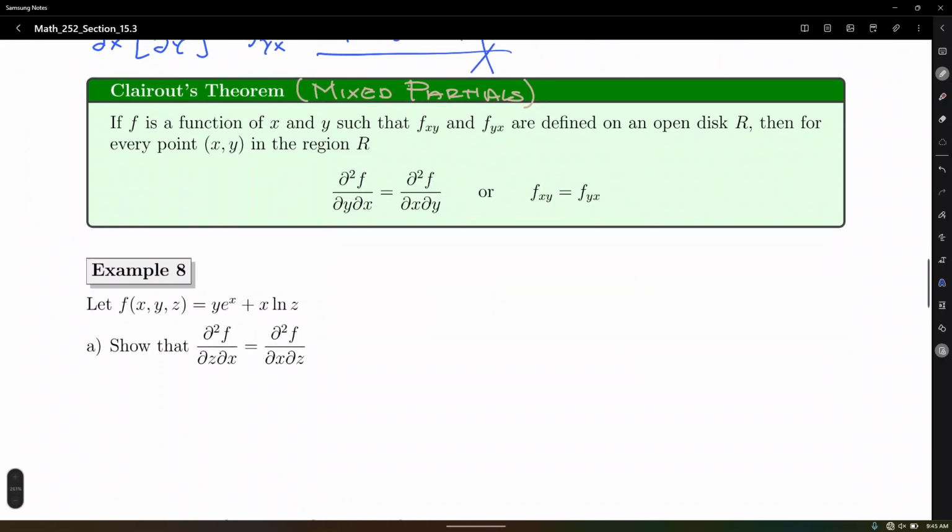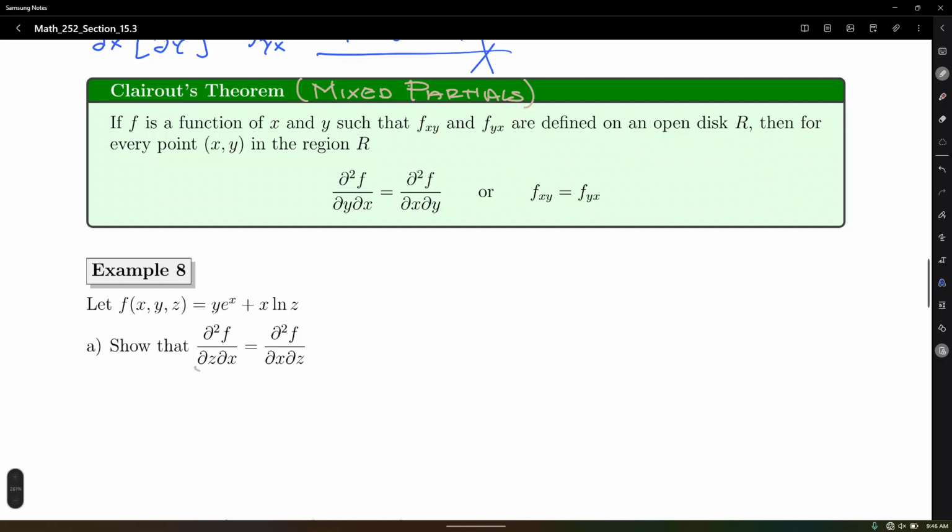We're given f of x, y, z equals y e to the x plus x ln of z. They're asking us to show that the two mixed partials are equal. That is, the partial with respect to x and then z is equal to the partial with respect to z and then x.